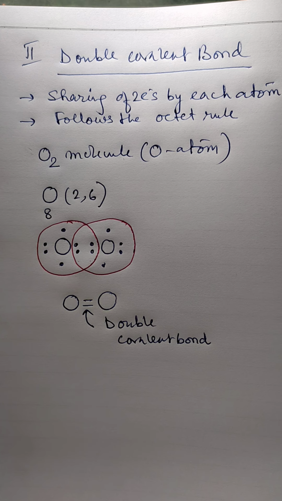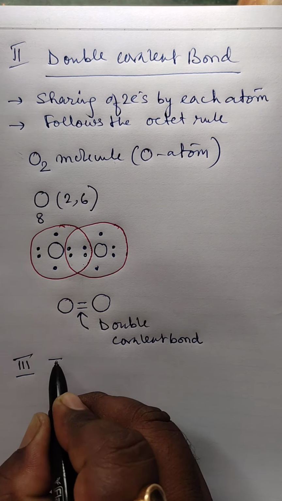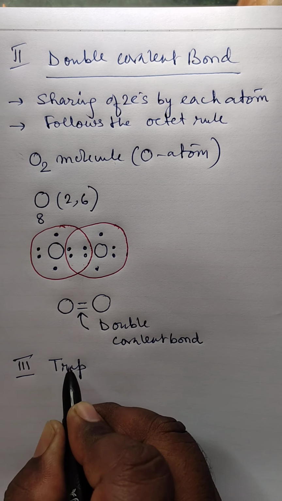Okay? After that, children, we are going to discuss the next type of covalent bond, that is called triple covalent bond.